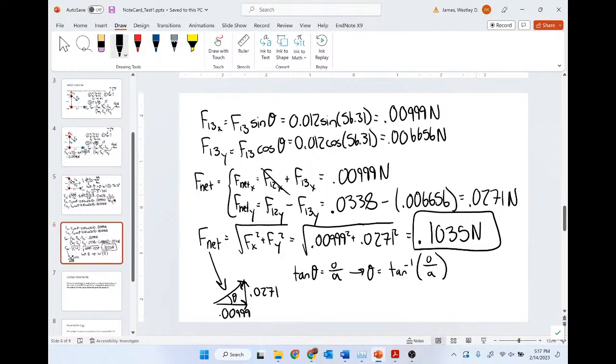That one, 0.0271. What's my adjacent? That one on the bottom, 0.00999. I'll label those. Opposite, adjacent. So that's just theta equals tangent inverse of 0.0271 over 0.00999.